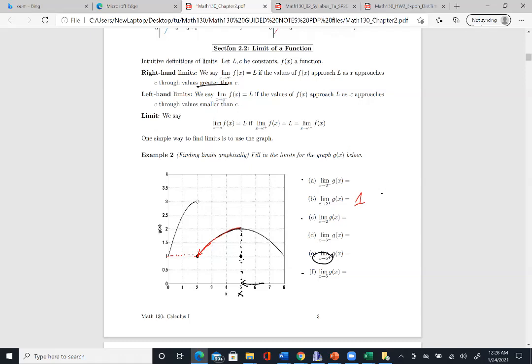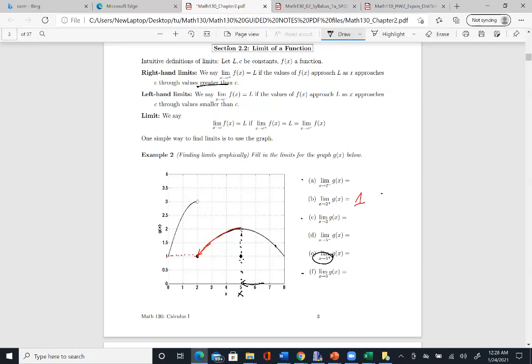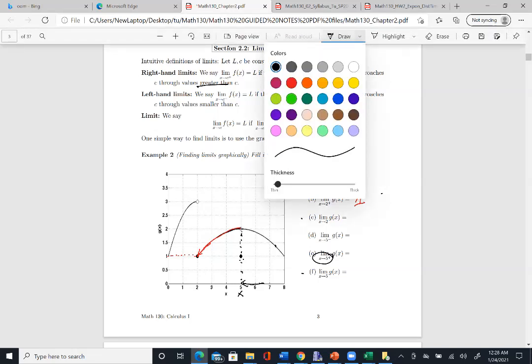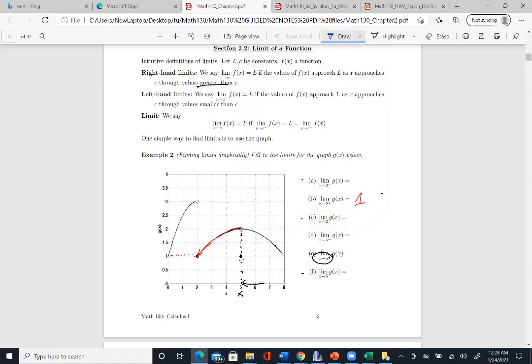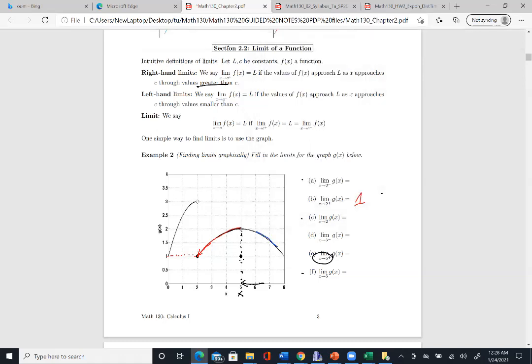Now for g(x), the graph is trying to approach the value at this point when x goes to 5.